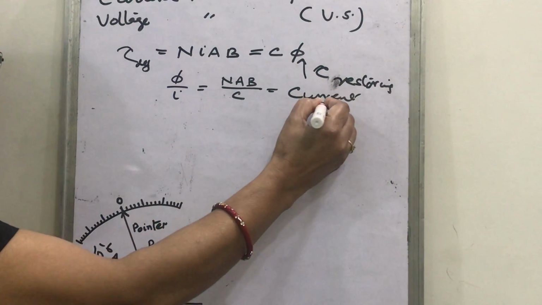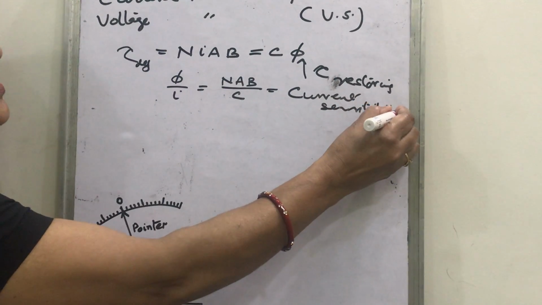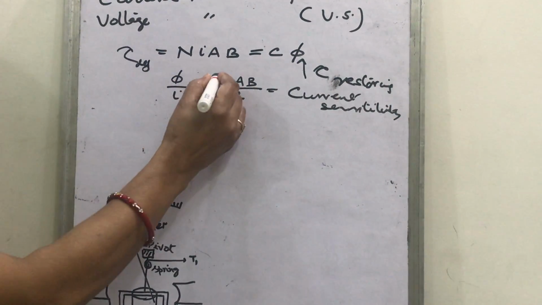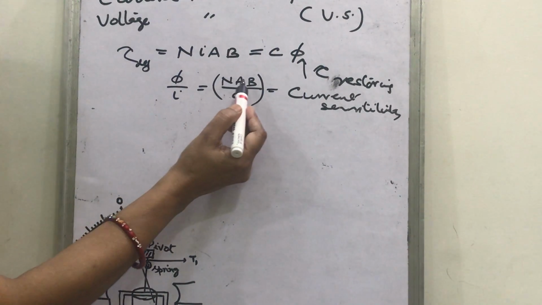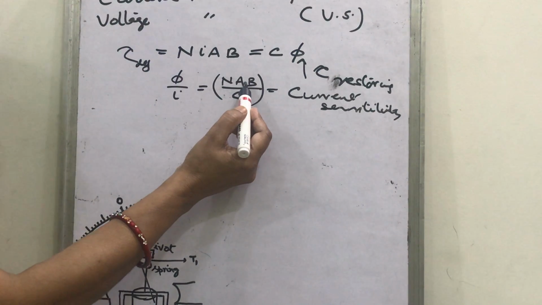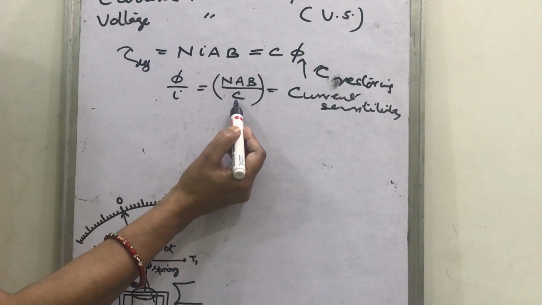How will you define current sensitivity? From this formula, current sensitivity depends on the number of turns in the coil, the area of the loop of the coil, the magnetic field, and this is the torsional constant.